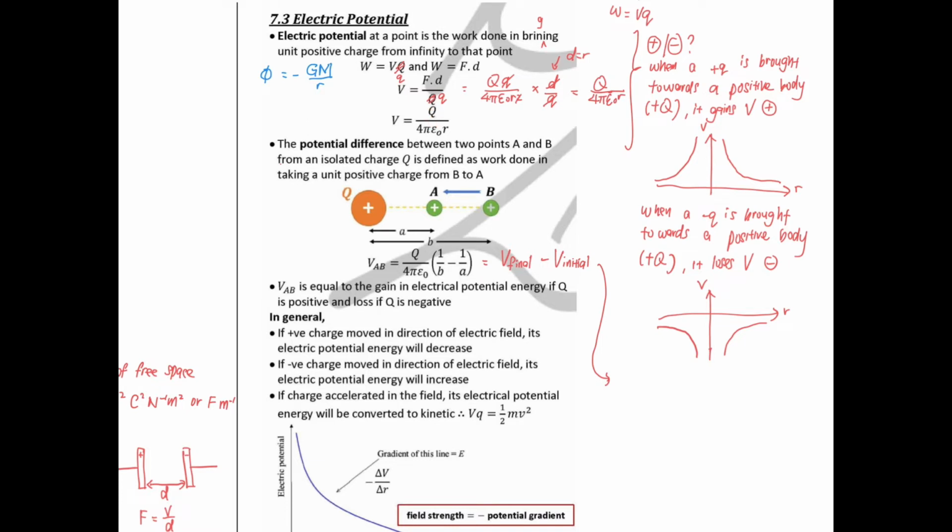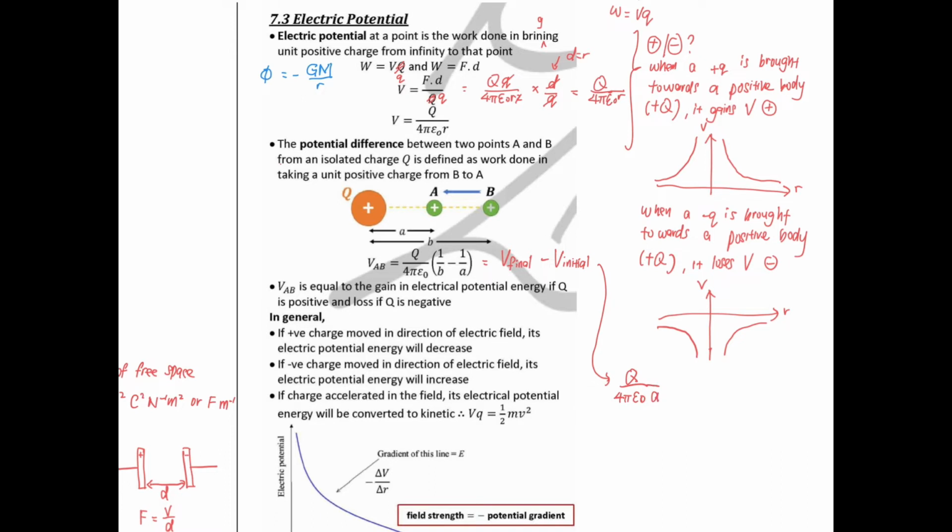So imagine we have Q over 4 pi epsilon naught R. The R is B. Sorry, final is A. Okay, final is A.